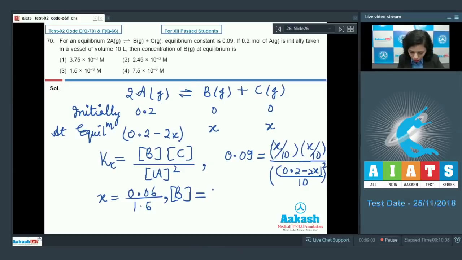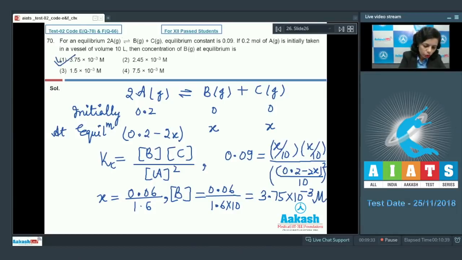That x value we have already calculated, 0.06 divided by 1.6, and if you divide it by 10, you will find the concentration of B, which would be equal to 3.75 into 10 raised to the power minus 3 molar. And if this is the answer, we can easily choose option 1 as the correct option. So this is the answer for this particular question.